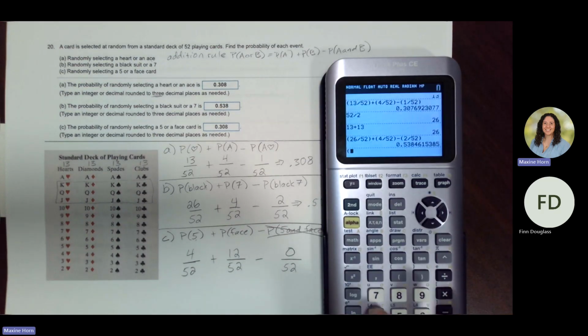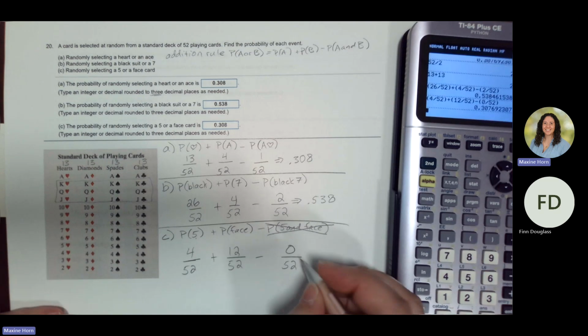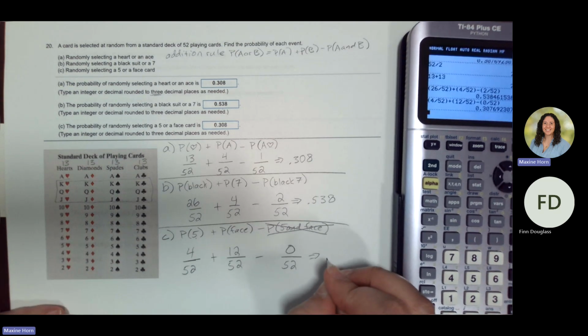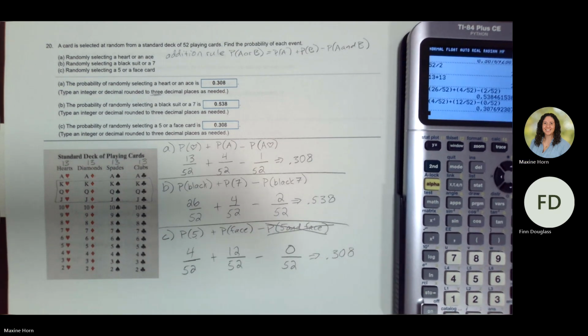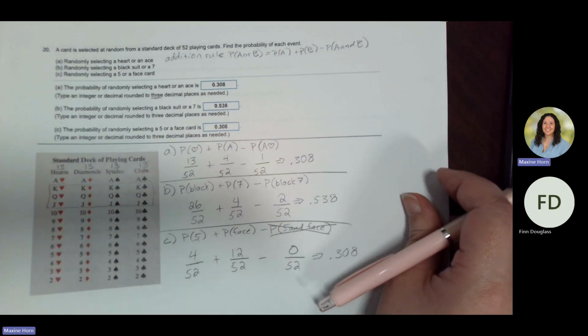So we're going to say 4 out of 52 plus 12 out of 52. And if you wanted to, you could then subtract 0 out of 52, but you'd get the same thing if you didn't subtract 0. And if we take that and round to 3 decimals, that's how we're getting 0.308. Okay. All right.